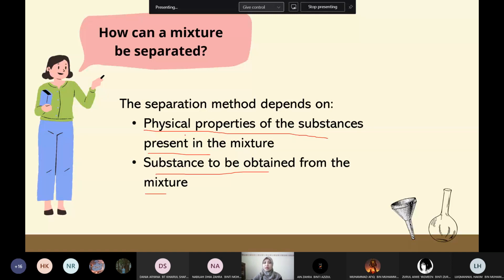It means that separation methods depend on what kind of physical properties the substances in the mixture have, whether it is soluble or not, whether it is in a solid form, right? And second, it also depends on the substance to be obtained, what kind of substance we want to obtain from the mixture. So, separation method depends on these two points.